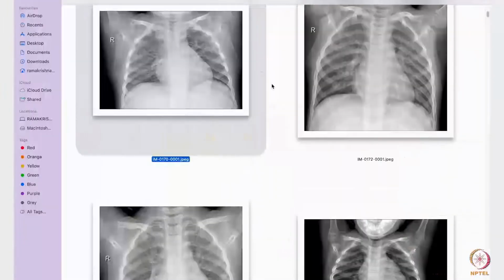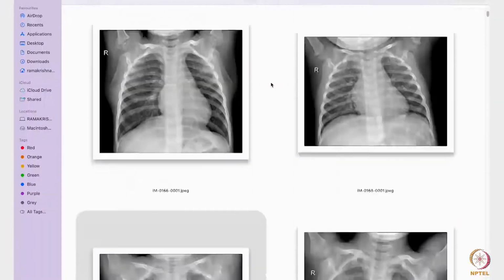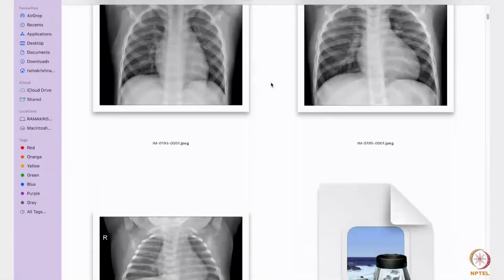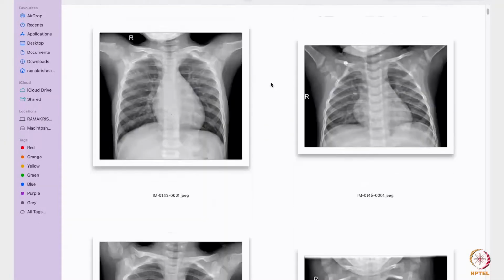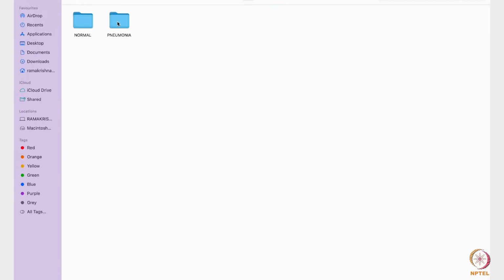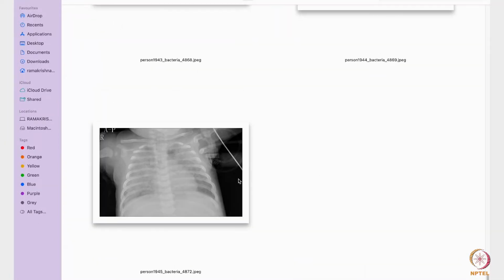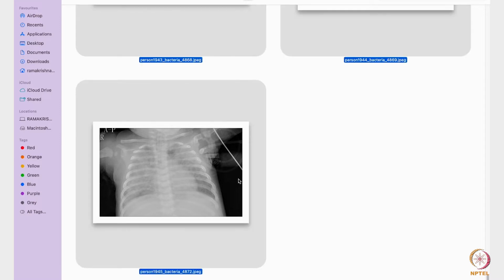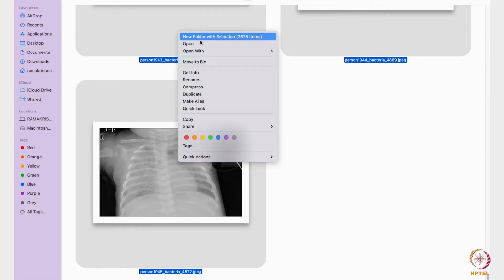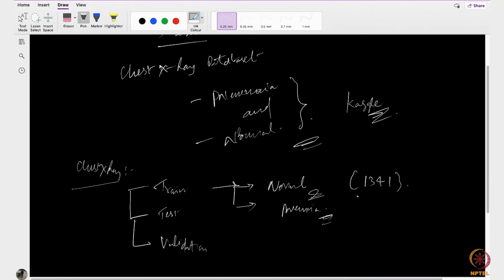Now coming back, this is how the data looks. Let us get back to the pneumonia folder. Inside this pneumonia folder, just count the total number of images. 3875 is the sum total.